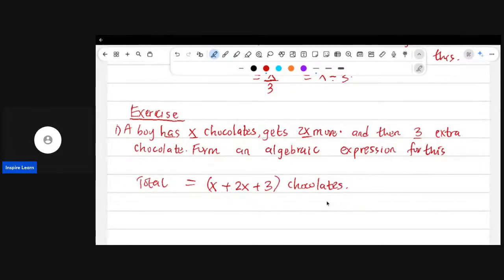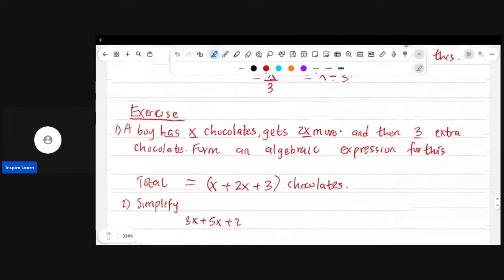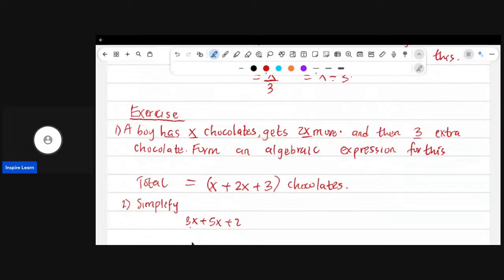Again, we can also have one more, being told to simplify. You have been given 3x plus 5x plus 2. Remember, for you to add these, you need to ensure that what you're adding are like terms.